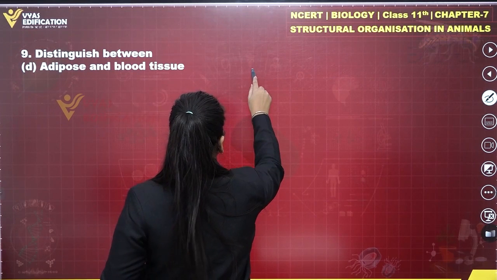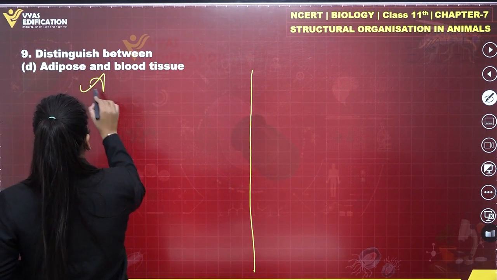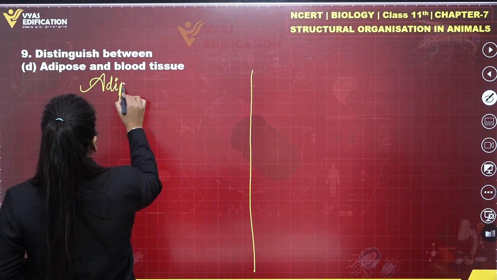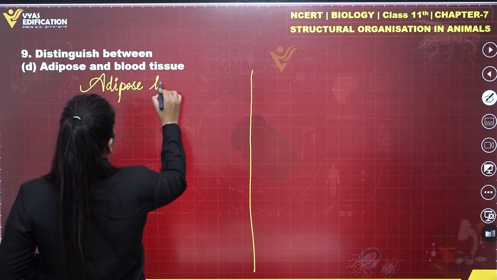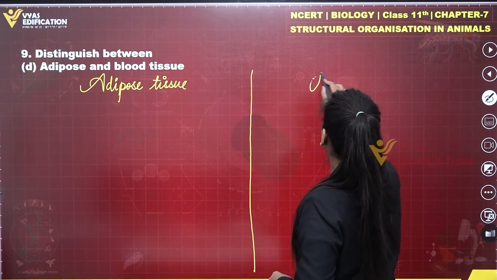We will distinguish blood tissue and adipose tissue. In the left column, we are going to write adipose tissue, and in the right column blood tissue.